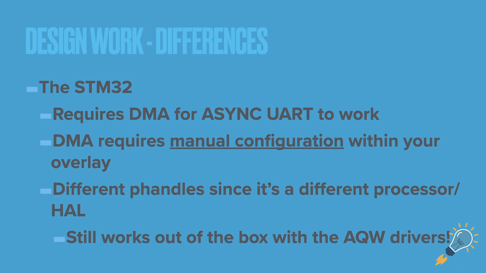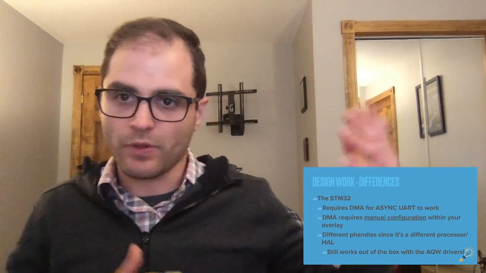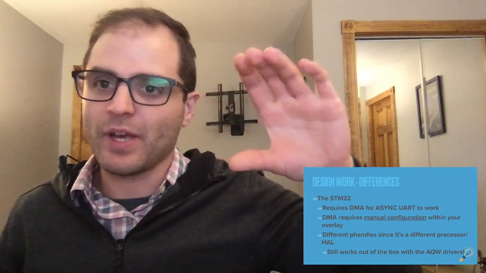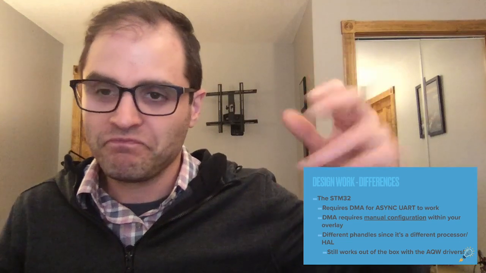And like I mentioned before, there are different peripheral handles, since these are different processors with different hardware abstraction layers. The cool thing is, even though you might have an I2C2 or USART 0, USART 1, or USART 2, they all work out of the box with the air quality wing driver, because what it says is, I'm looking for something that is using the compatible binding for this, and then get me the higher level device it belongs to.